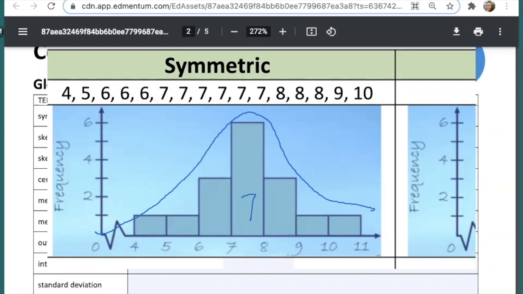So I'm going to use my calculator really fast. 4 plus 5 plus 6 plus 6 plus 1, 2, 3, 4, 5, 6, 42 plus 24 plus 9 plus 10. 106 divided by 16.